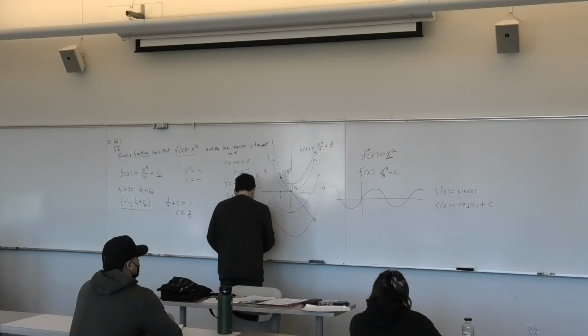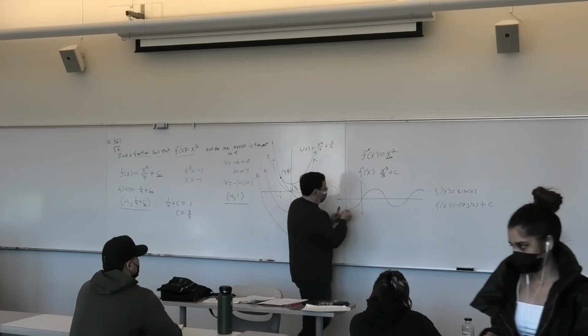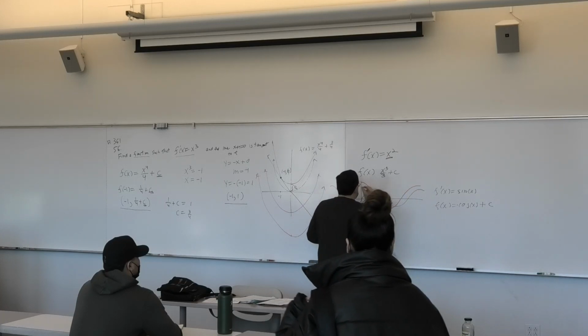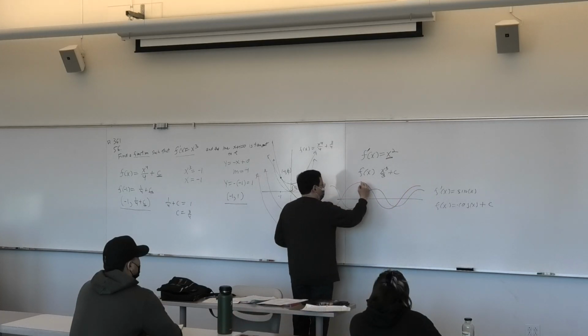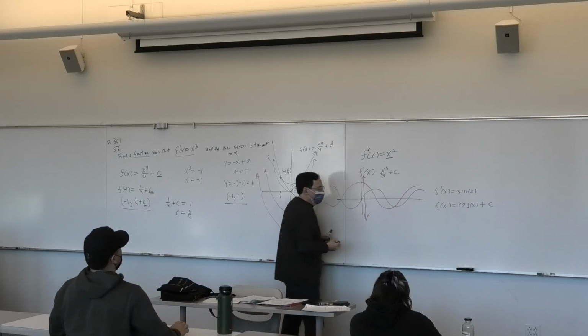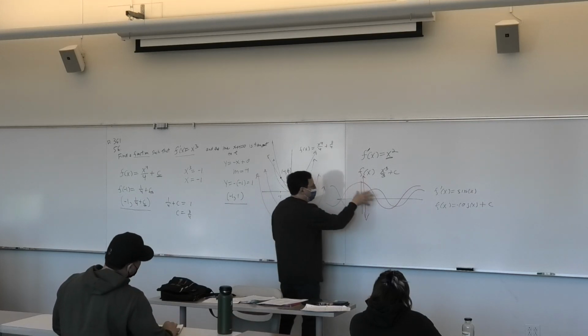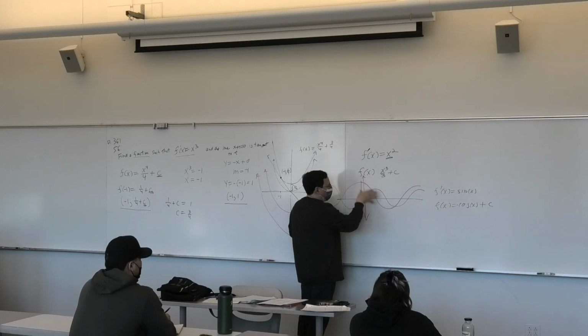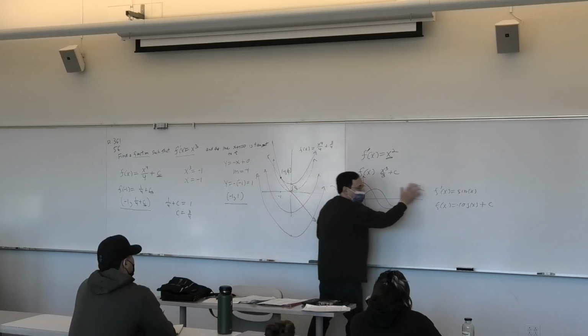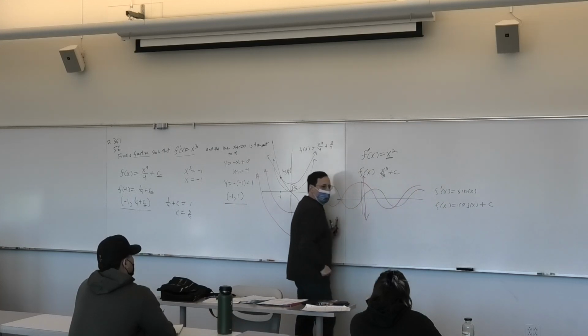Now it's like this, except it can move up and down. Now this function is going to match every possible slope, multiple times. Right, that's what I was thinking of.